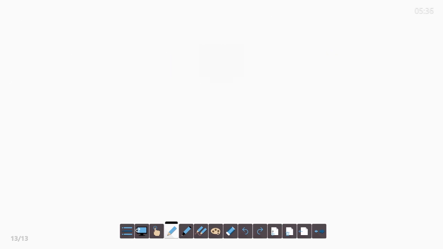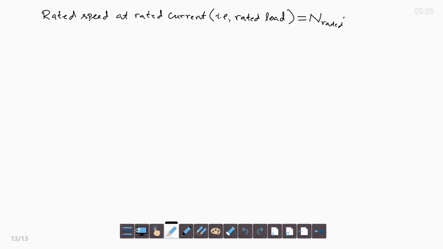Then, because the speed is given as the rated speed at rated current, that is rated load, rated current means load is also rated and speed is also rated, which is N rated, that is 1800 RPM.